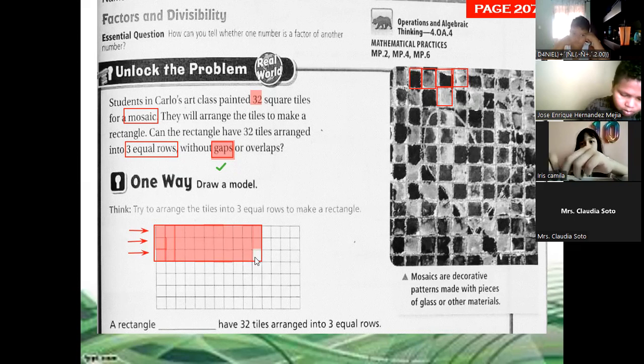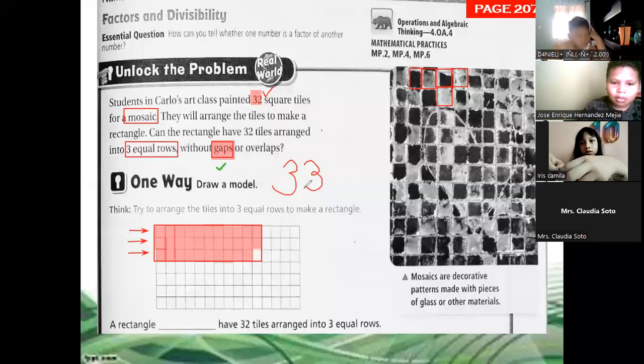I have a gap. So the answer couldn't be yes, because I have a gap. I have an empty space here. There is no tile here. If I color this one, I am going to have 33 tiles. But the problem tells me that there are only 32. So I cannot change the number of the tiles.